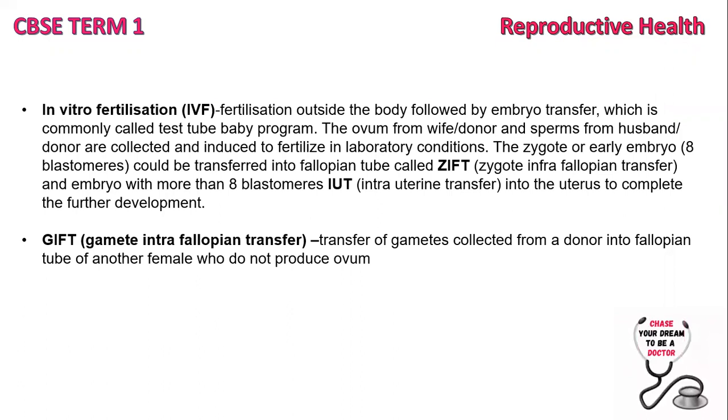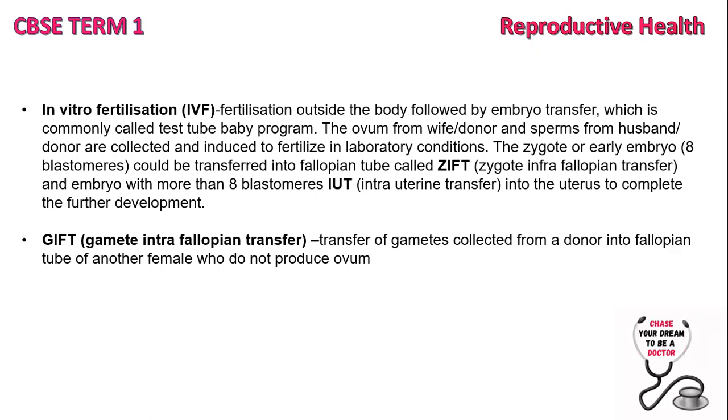Then a donor will be found, and the sperm from the male or the donor and the egg from the female or the donor will be collected and allowed to fertilize in simulated conditions inside the laboratory, the same as inside the body. After this, if the female is able to provide the necessary conditions for further development, like implantation and development of the fetus, then the embryo will be transferred.